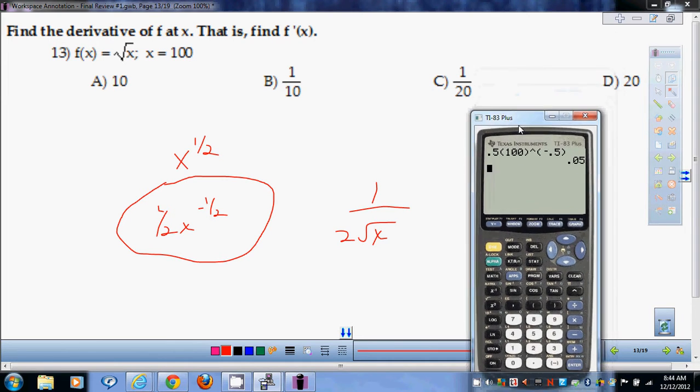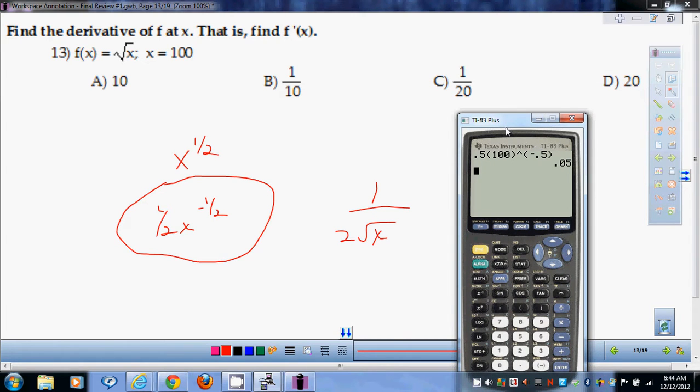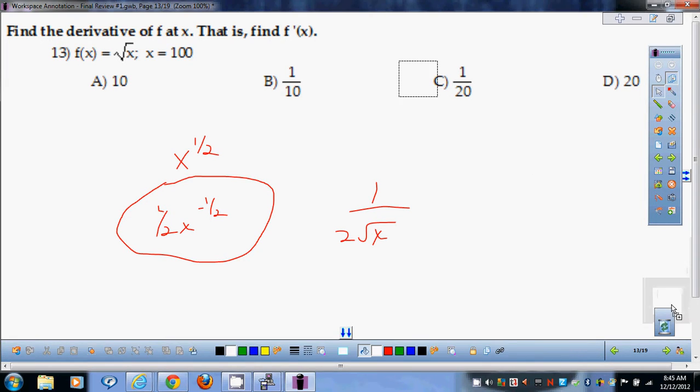And it looks like it's 0.05, which is what as a fraction? 1 over 20? I wonder if this will math enter. Yes, it will. And see. Yes, those are the same thing.